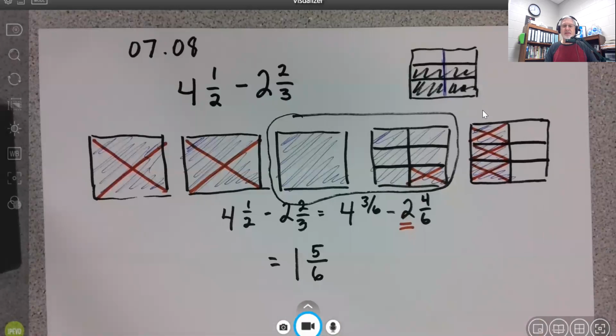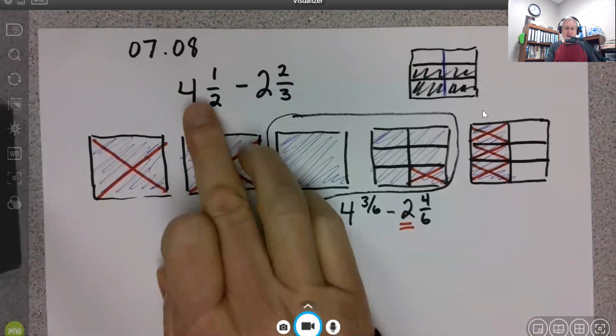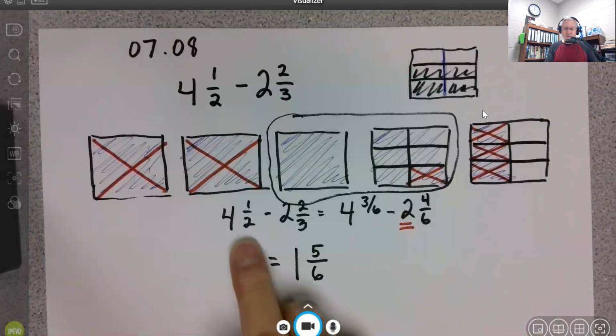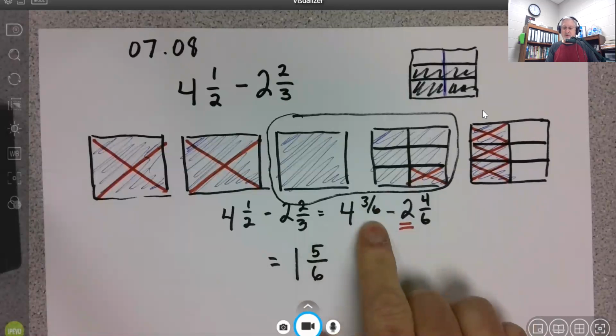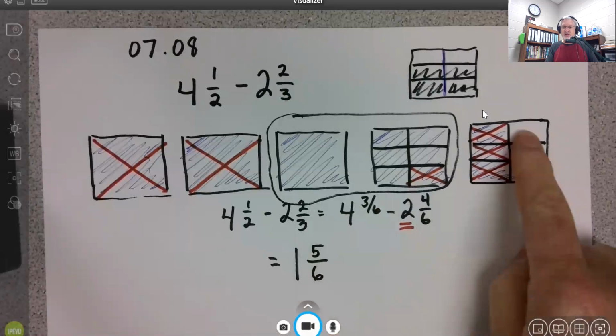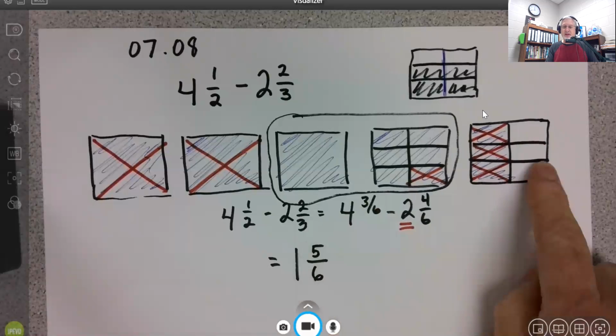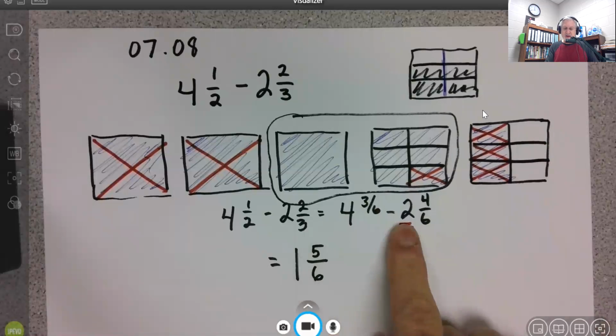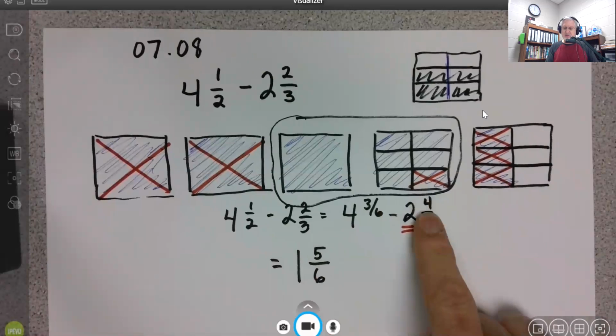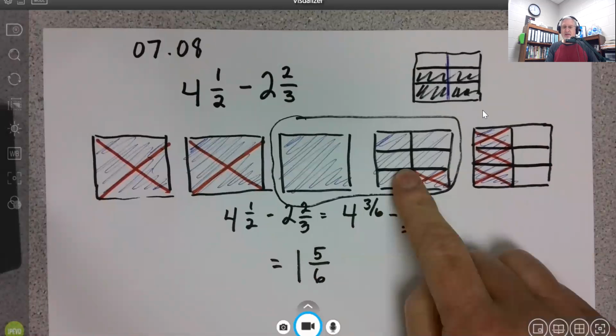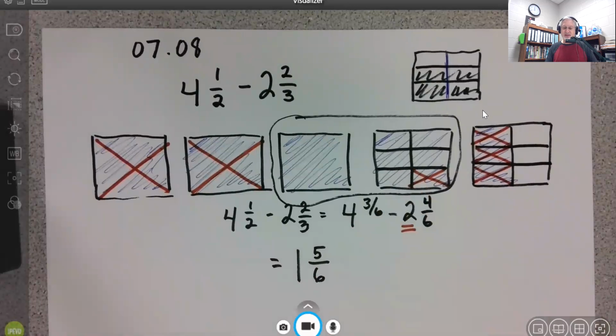Again, 4 1/2: we converted 1/2 into 3/6 by equivalent fractions, just by adding some horizontal lines. And then 2 2/3 changed to 2 4/6, and we got that from up here. And then we took 4 parts away after we converted this whole into 6 parts, 6/6.